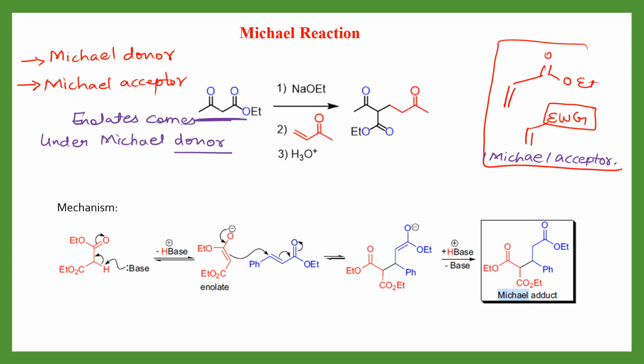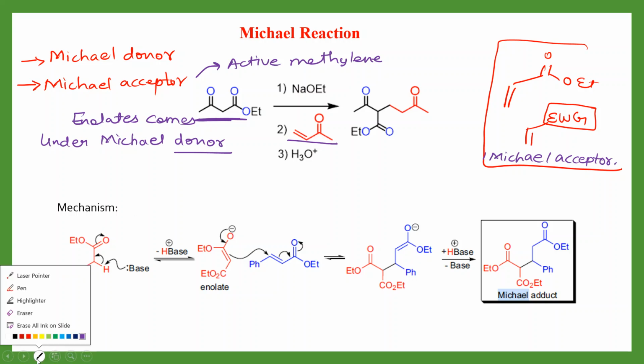Understood? So starting materials are your active methylene. This is your active methylene, right? Whenever a CH2 group is sandwiched between two electron withdrawing groups, that moiety is known as your active methylene moiety. And this is your alpha beta unsaturated ketone. So let's see its mechanism. So here what is happening?